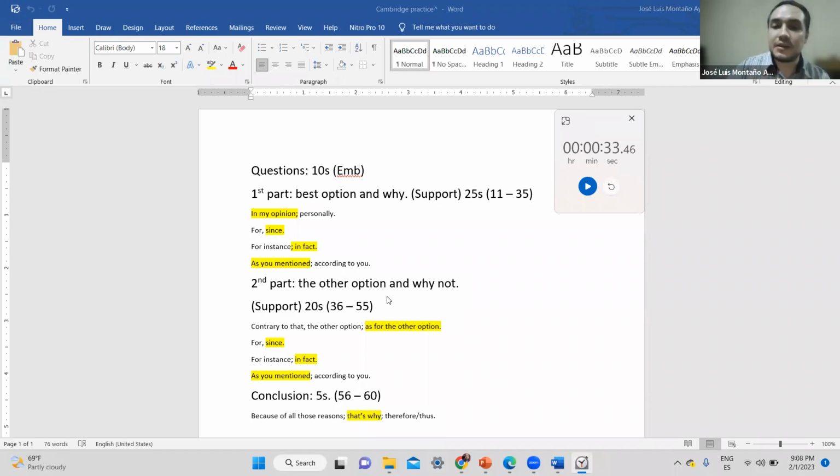So you can say, contrary to that, the other option is not a good idea because if you only wait until that age, that is still a very early age, right? It is going to be a mistake because he's not going to be ready to use a cell phone.